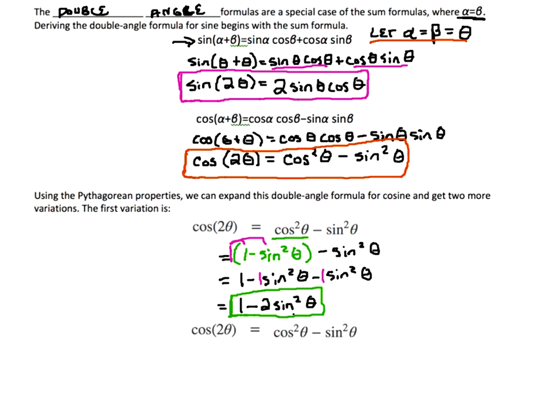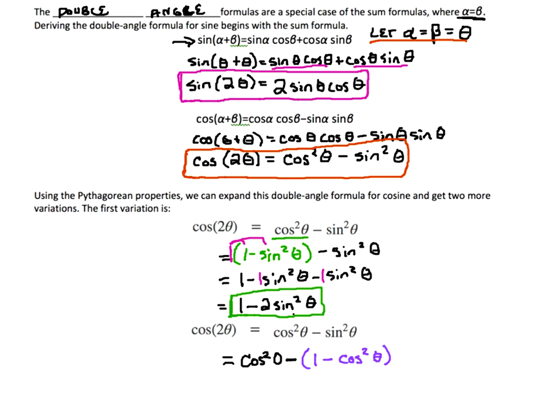So I have cosine squared theta minus, and I can call sine squared theta 1 minus cosine squared theta.